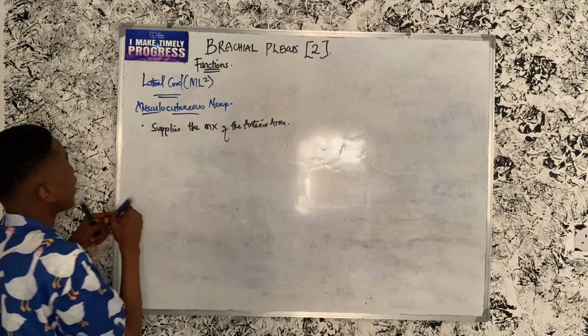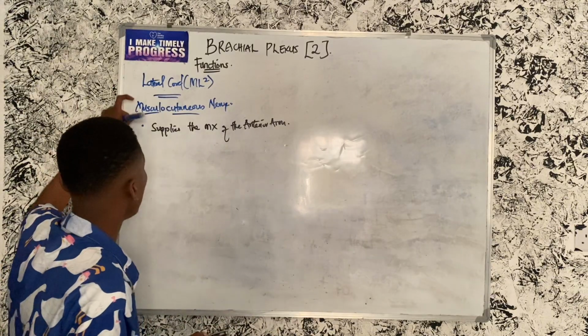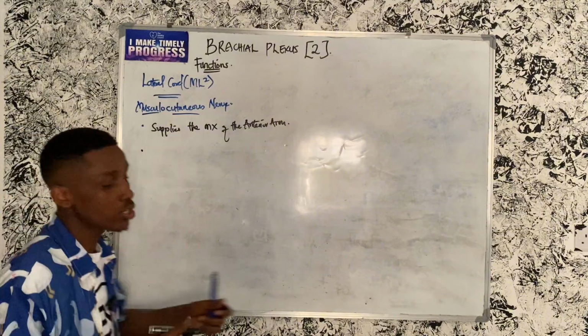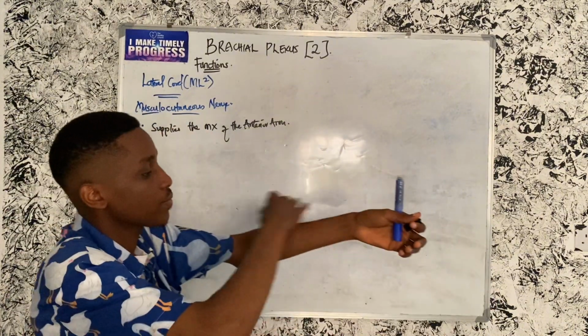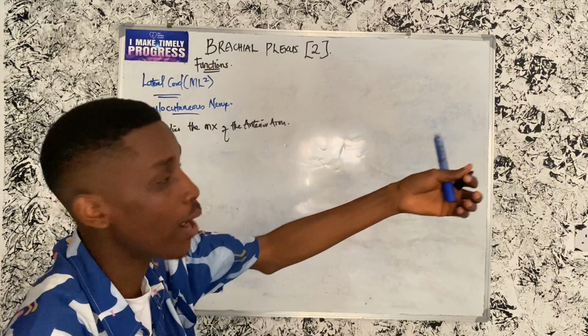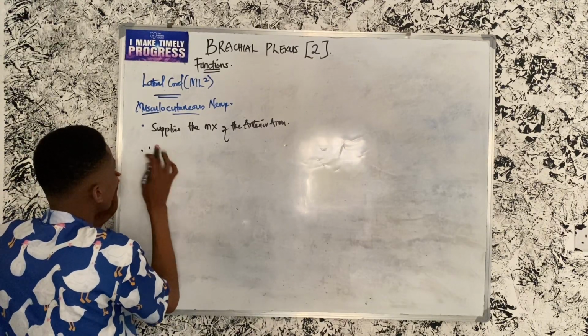Number two, for the sensory supply, that was muscle supply or motor supply. For sensory supply, musculocutaneous gives off a branch we call the lateral cutaneous nerve of forearm.